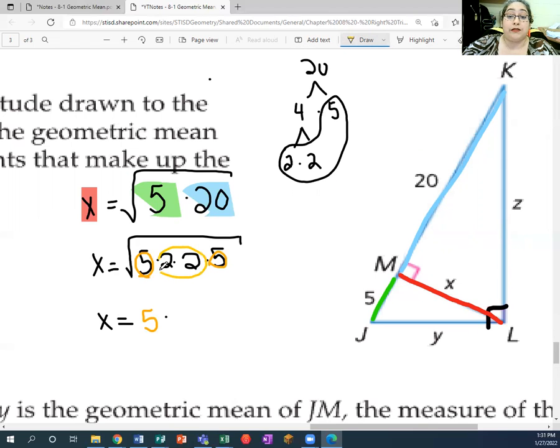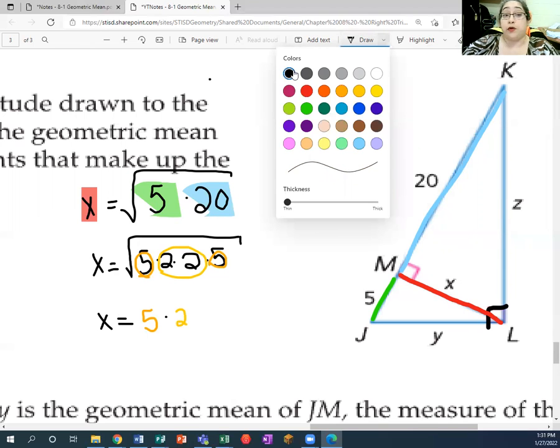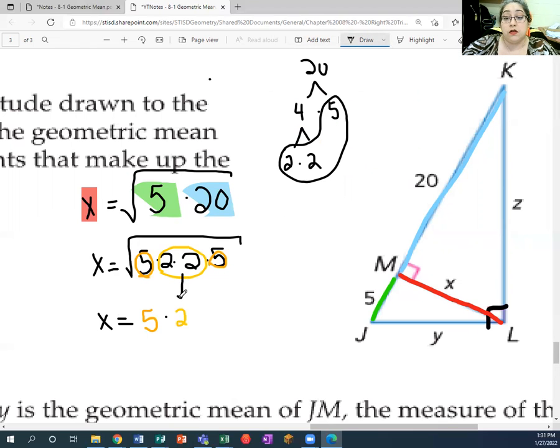I have a pair of 2s, so 2 is what I'm going to write outside. I'm not writing both of the 2s multiplied together. I'm writing the fact that I have a single pair of 2s and a single pair of 5s. 5 times 2 is 10, and so X, or the height of the altitude of this triangle, is 10.